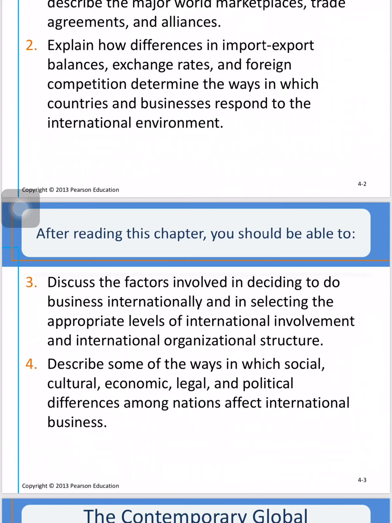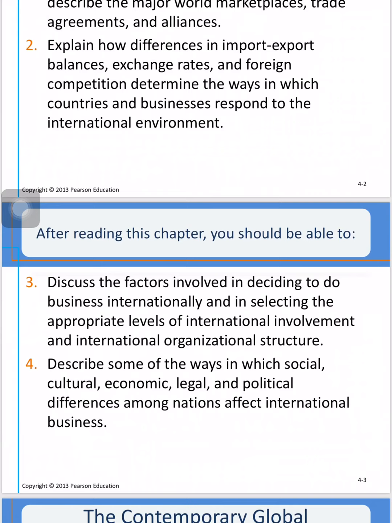Before I start, this chapter has four parts. The first part is the contemporary global economy, which is about the major world marketplaces and also the trade agreements and alliances. Part 2 will discuss international trade, where we will talk about exchange rates and the forms of competitive advantage.